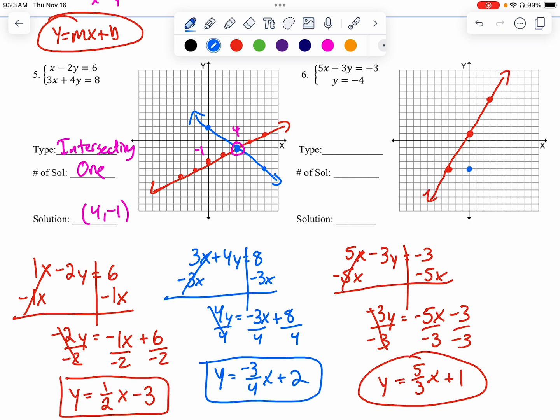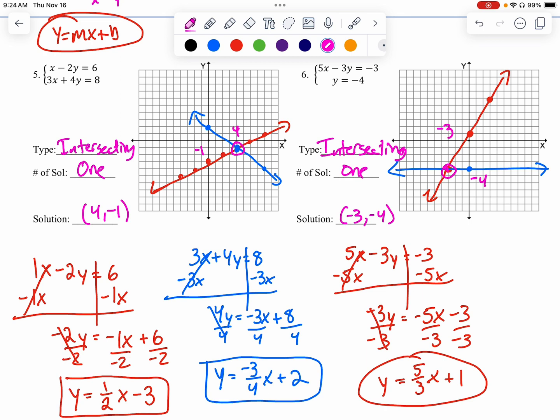So I know I start at -4 and there's no x, so there's a 0 slope, so it's going to be flat. So where they crossed was right there. So that is the point 1, 2, 3. So -3, -4. So our type is intersecting. We have one solution, and that solution is at -3, -4.